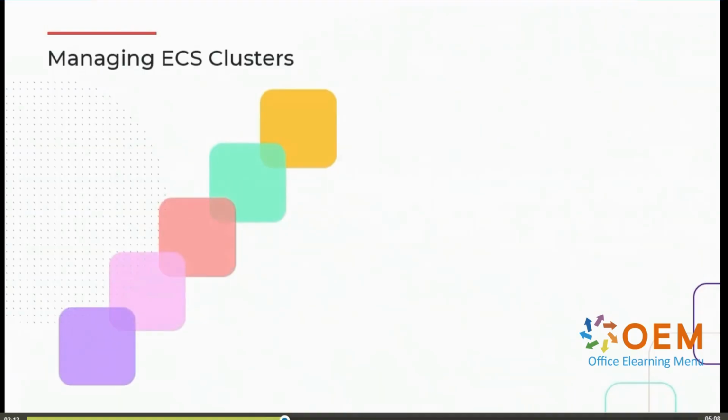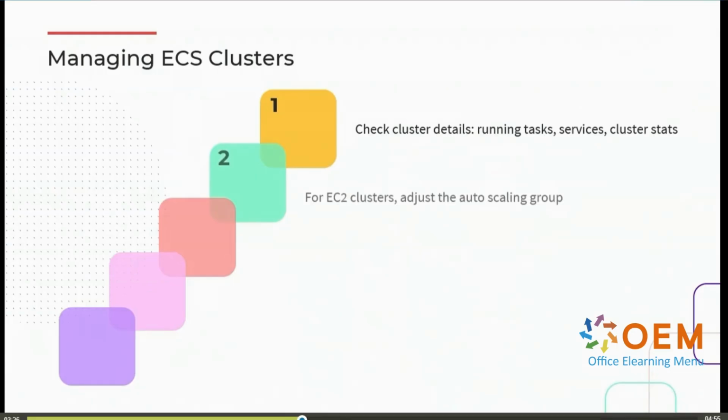Now, the ECS console provides a dashboard for each cluster, allowing you to monitor its health, view the number of running tasks and services, and examine resource utilization metrics for the cluster, like available CPU and memory. And if you're using the EC2 launch type, scaling and managing the underlying compute capacity involves adjusting the auto-scaling group associated with your cluster.